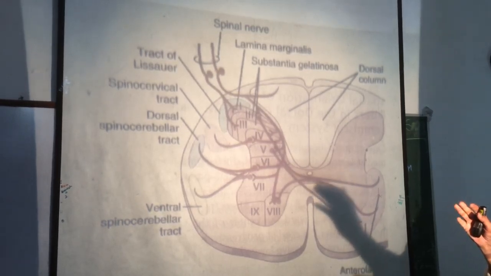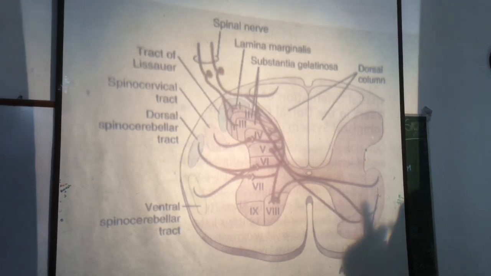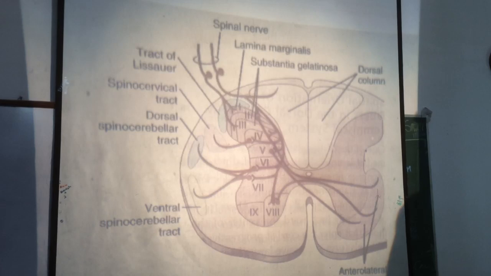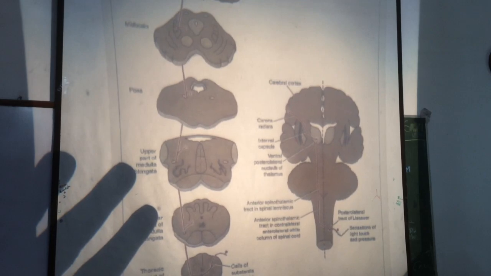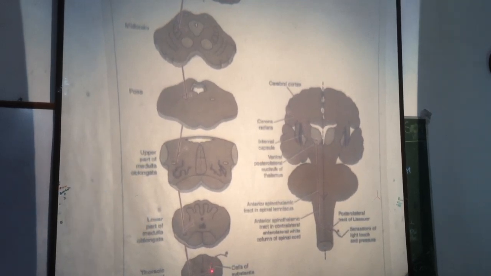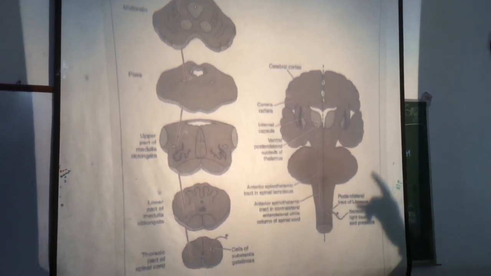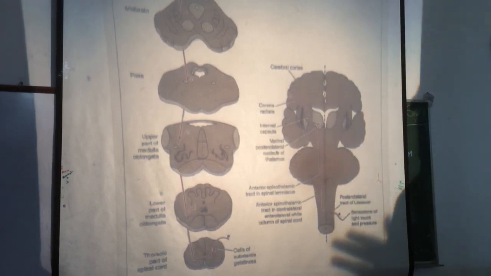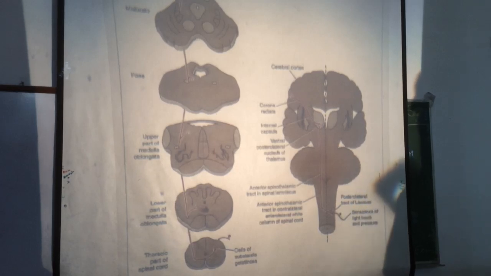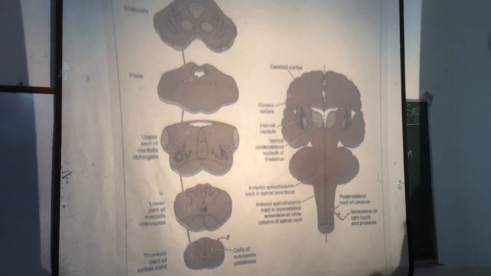From lamina 1, 2, 3, second order nerve fibers arise, and these cross over to the opposite side obliquely, to enter the lateral white column on the opposite side.